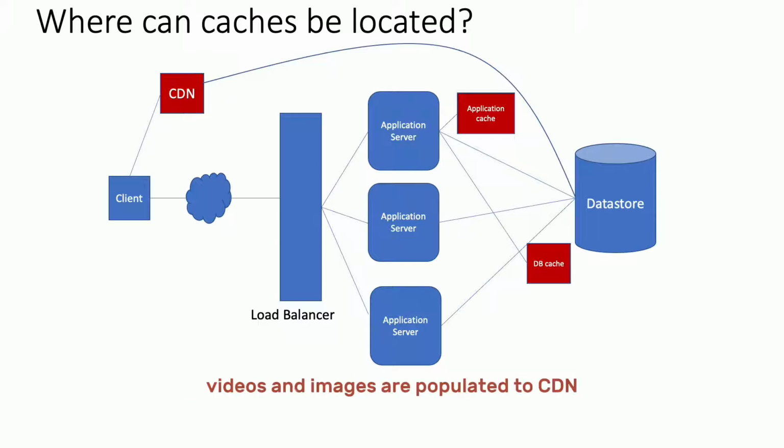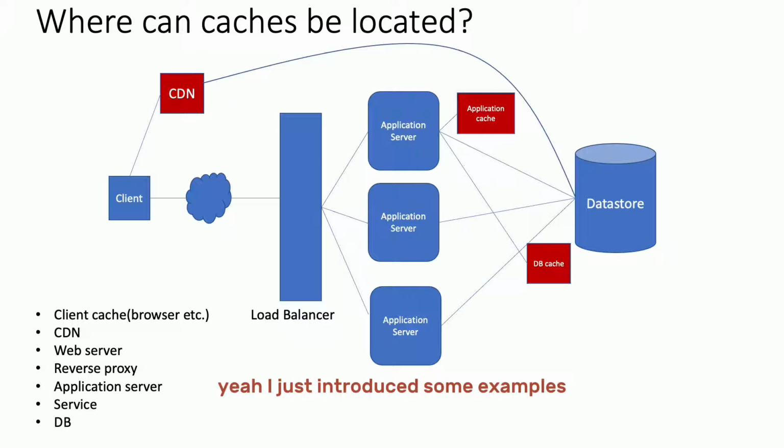Videos and images are populated to CDN, so the user doesn't need to go to the backend to get videos and pictures. Like one user in China, they don't need to go to the data store which is located in the US in order to get the video, picture, etc. This is to reduce network latency.